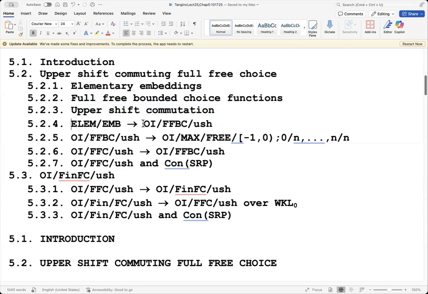So we have a statement which is called order invariance slash free bounded choice slash upper shift. And that's the first fundamental statement, the first fundamental statement in the infinite theory here.